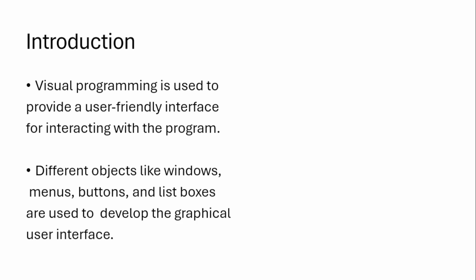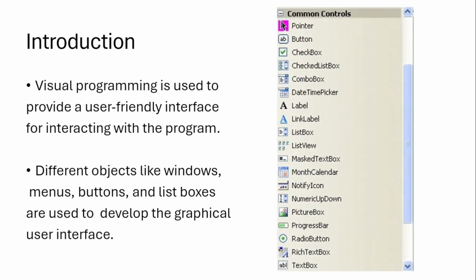Different objects like windows, menus, buttons, and list boxes are used to develop the graphical user interface. You can see on the right side there are some components like button, checkbox, combo box, labels, list box. You just need to drag and drop where you want to use them, and the code will be added automatically.